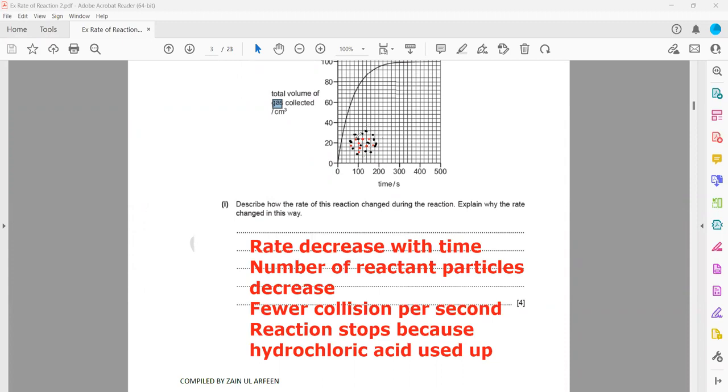First, there are more particles, so they're colliding at a faster rate in the beginning. But then as they start to react, the number of particles decreases, both magnesium and hydrochloric acid. And eventually we are left with only magnesium. There's no hydrochloric acid. That's why the reaction stops.